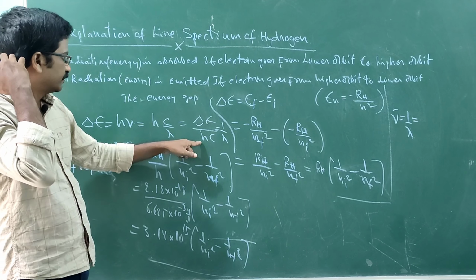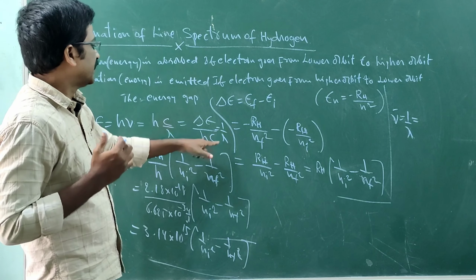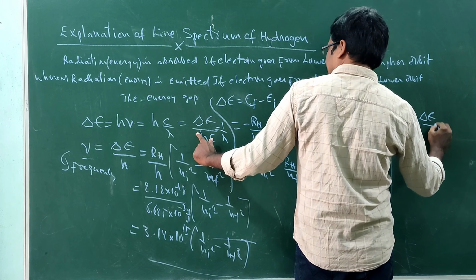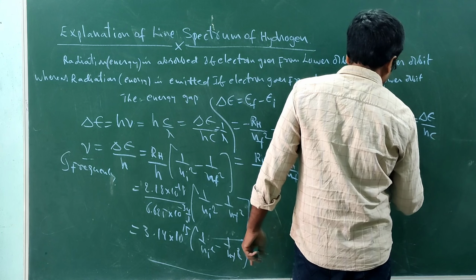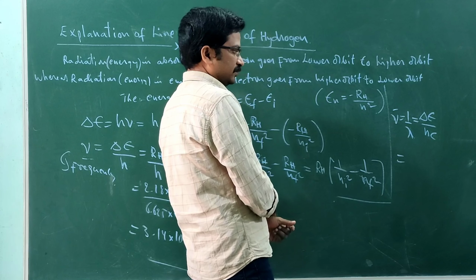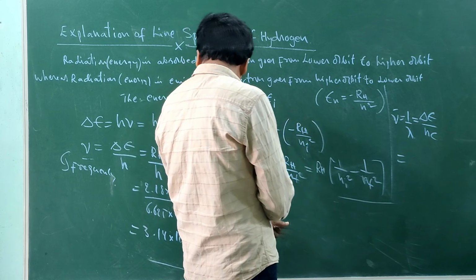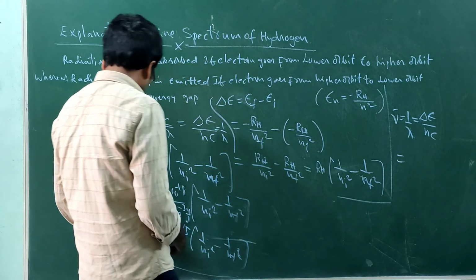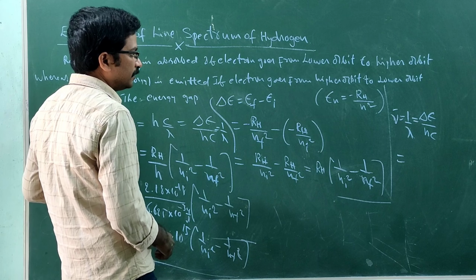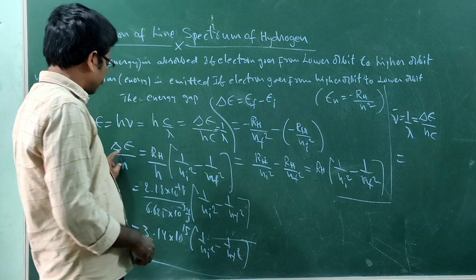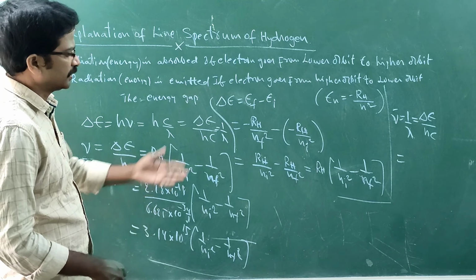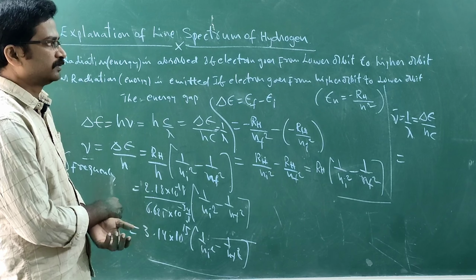So 1 by lambda is equal to del E by hc. Del E by h is the nu value, and by dividing with c, you can get the nu bar value.